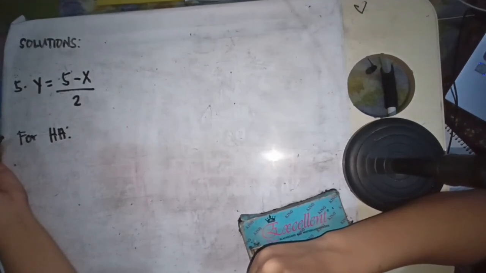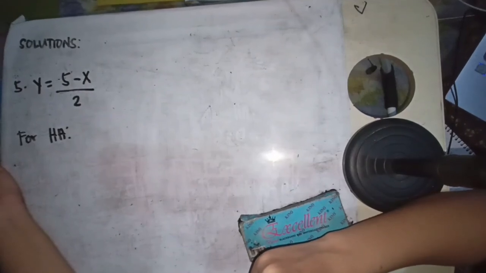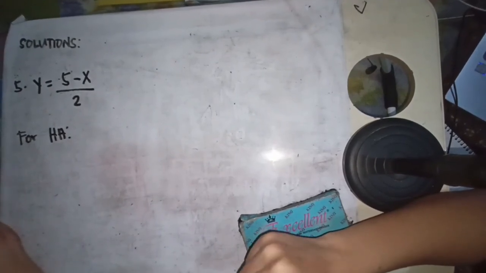Second, if the degree of the numerator and denominator are equal, the horizontal asymptote will be y equals the ratio of the leading coefficients of numerator and denominator. Lastly, if the degree of our numerator is greater than the degree of our denominator, therefore we'll have no horizontal asymptote.